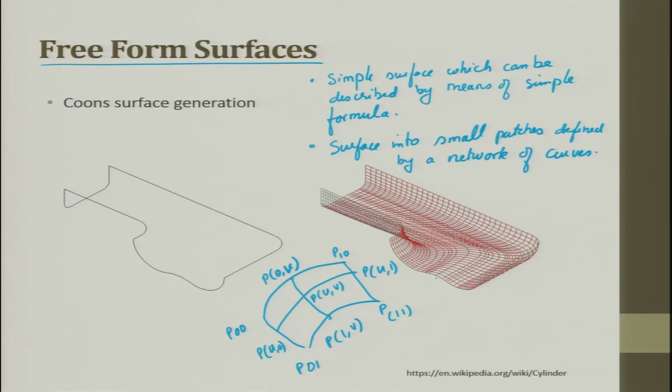Generally in a Coons surface, the entire patch is parameterized by interpolation. By interpolation, we try to get those boundaries and then we try to solve.